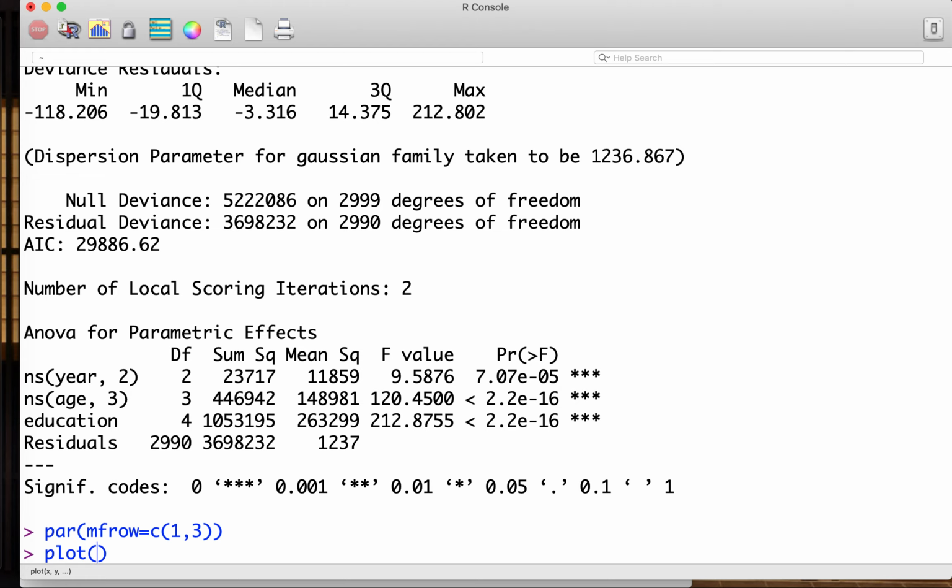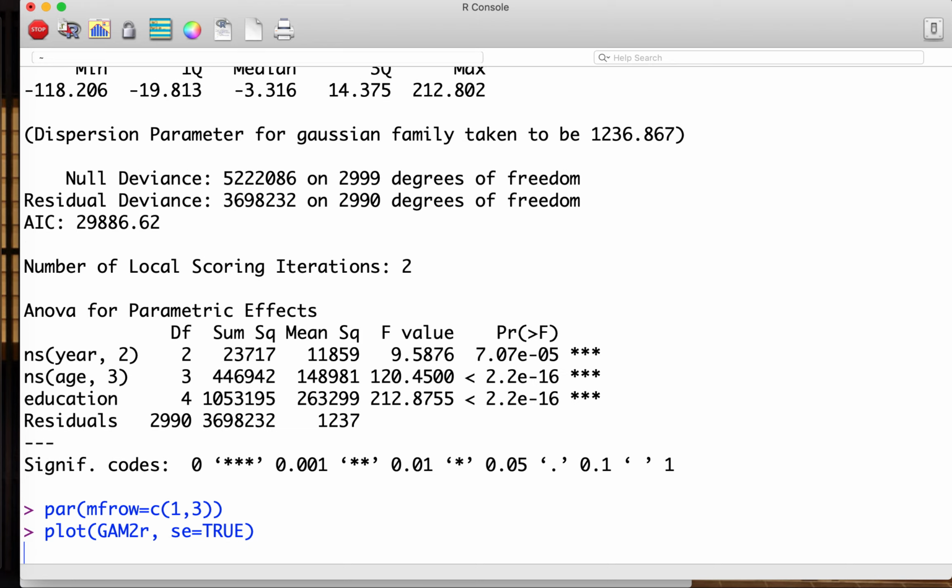And now we plot the GAM with the SE option set to true. This SE option makes the confidence band for these curves.